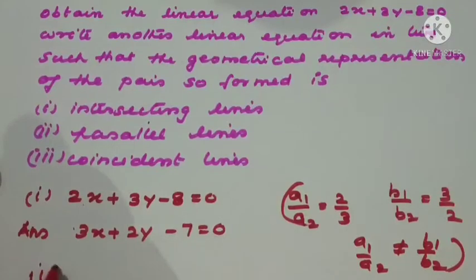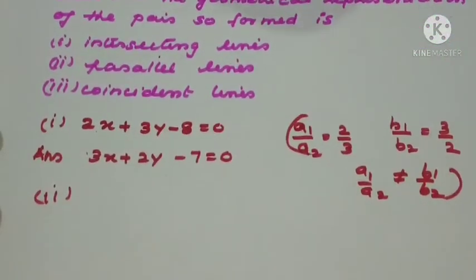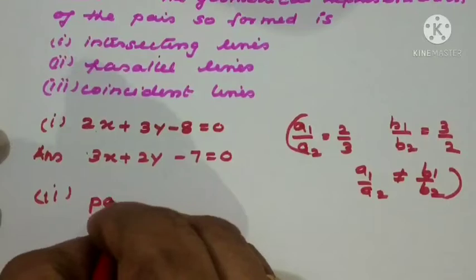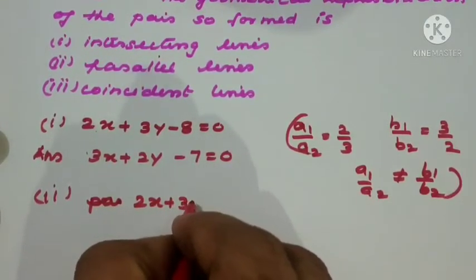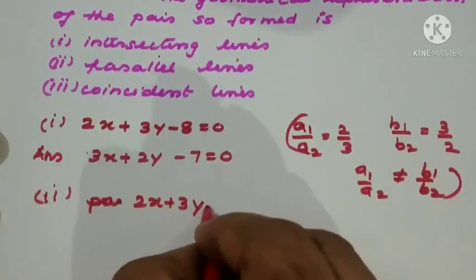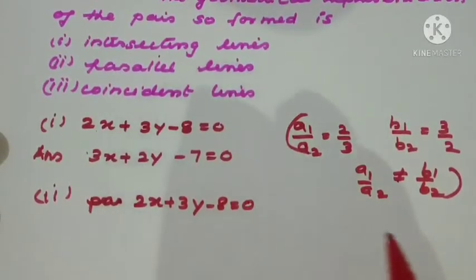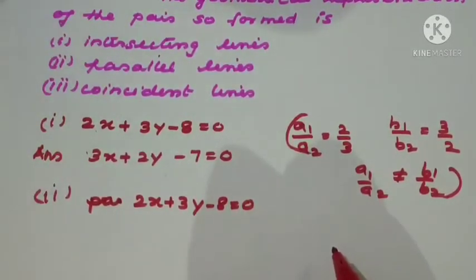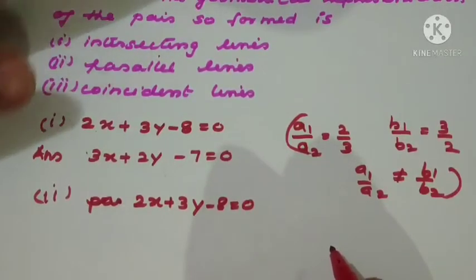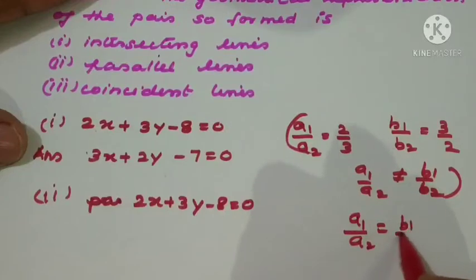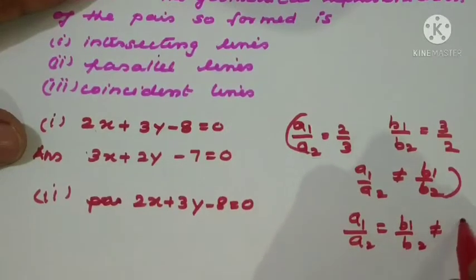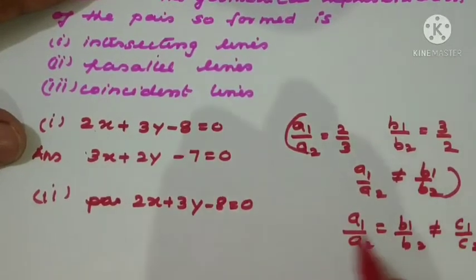Now what is the second question? It is parallel lines. What are the parallel line conditions? Parallel lines means again the same equation, 2x plus 3y minus 8 equal to 0. When lines are parallel, a1 by a2 equal to b1 by b2, but not equal to c1 by c2, right?